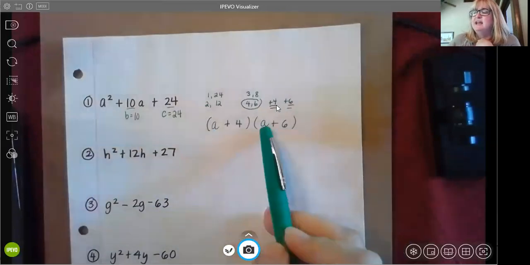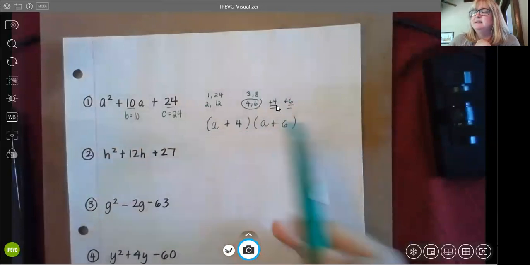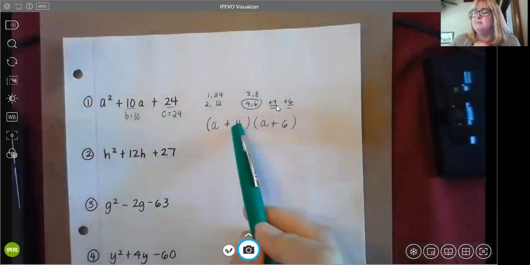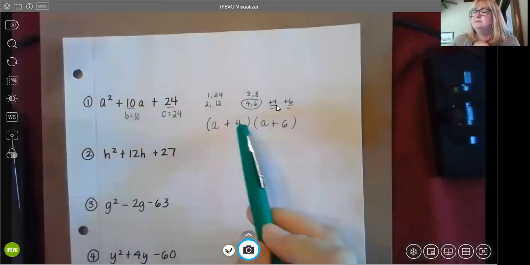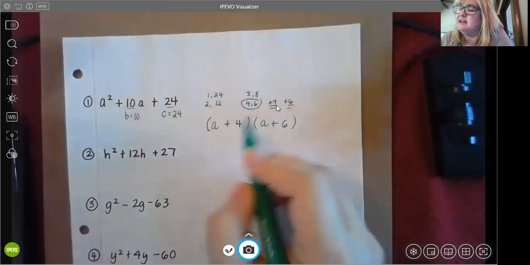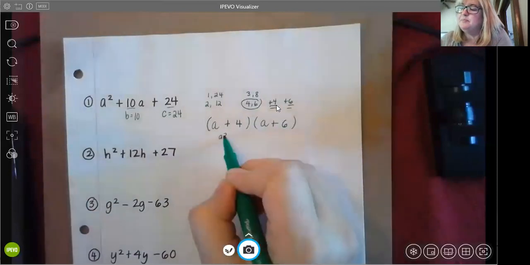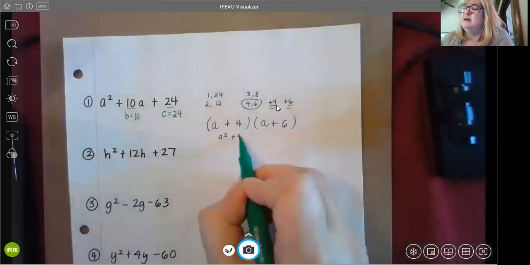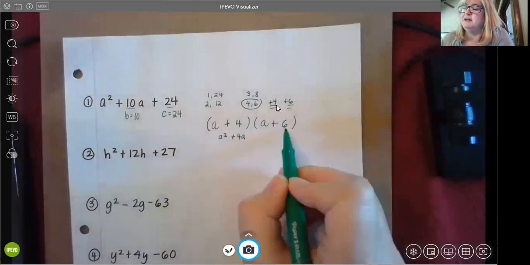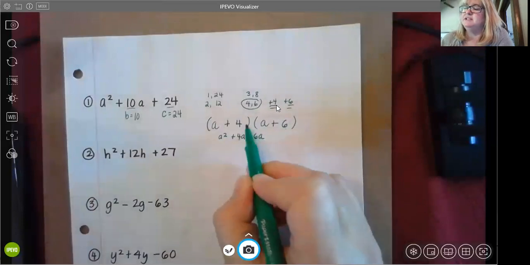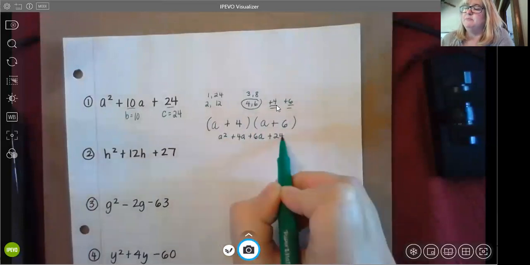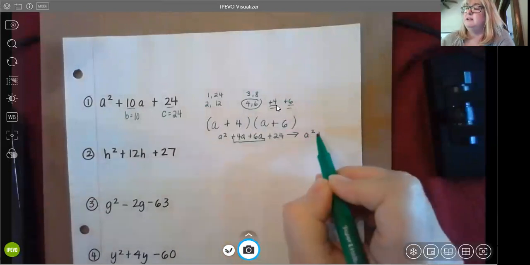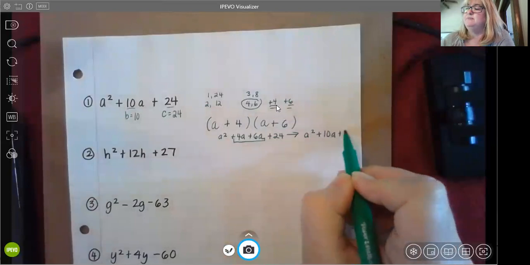A times a is a squared. 4 times a is a positive 4a. A times positive 6 is a positive 6a. And 4 times 6 is 24. And when you combine like terms, you've got a squared plus 10a plus 24.